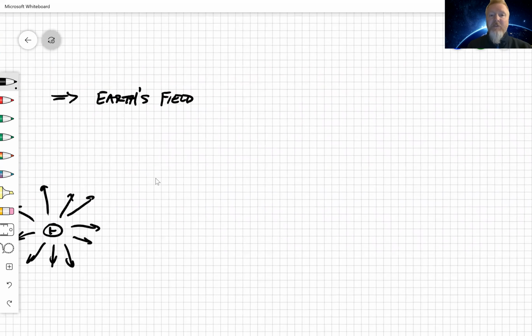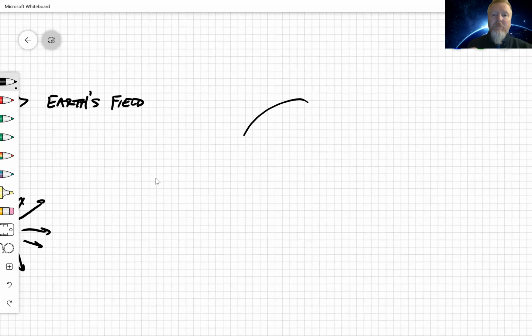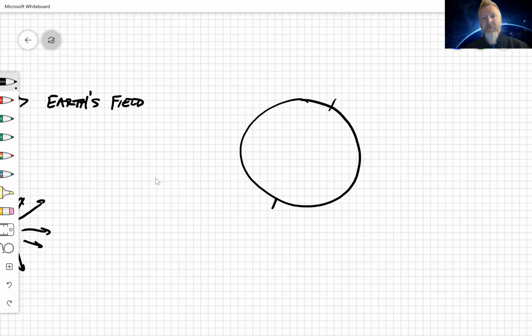Well, Earth has a field, in case you weren't aware of that. Okay. Here's your spin axis. This is the north geographic pole. Here's the south, right? This is down with Antarctica down here. Let's see. I can try doing something here.